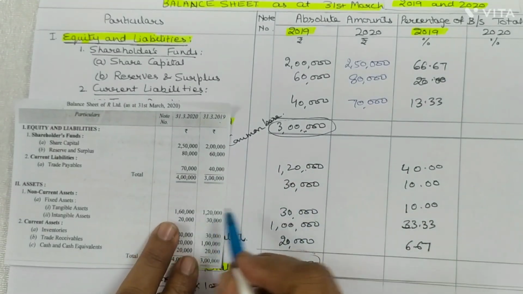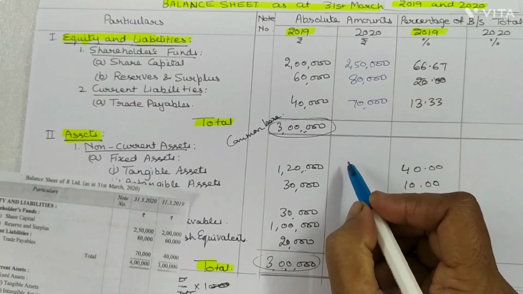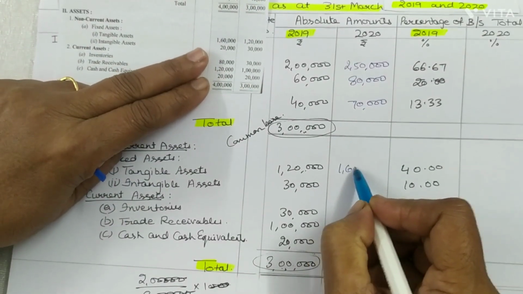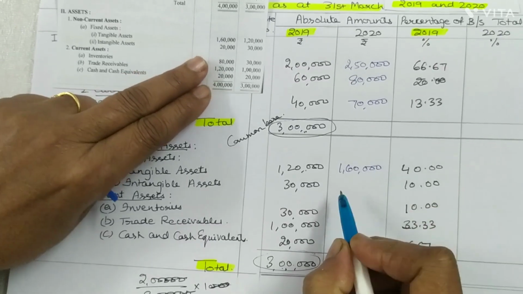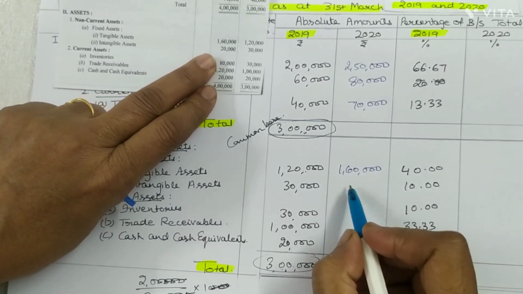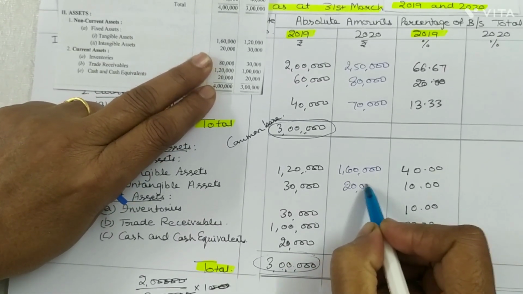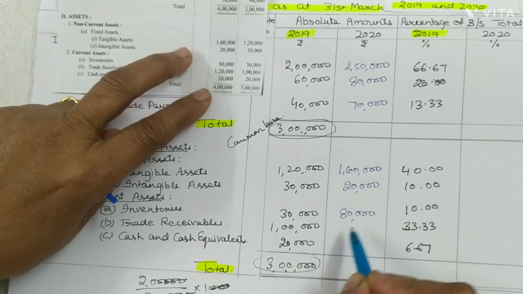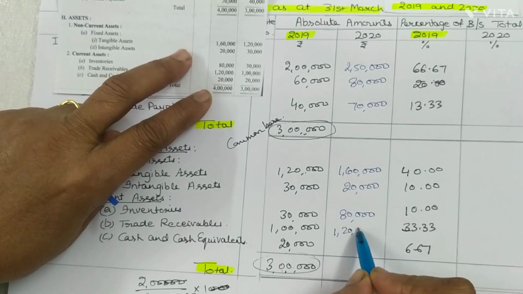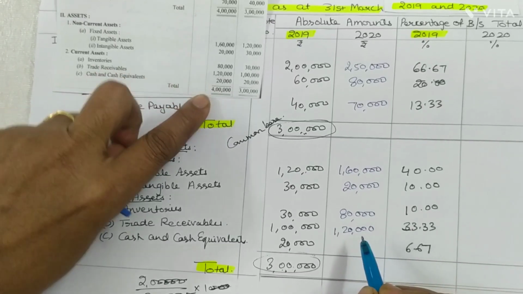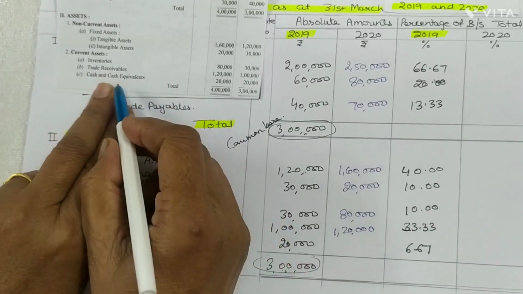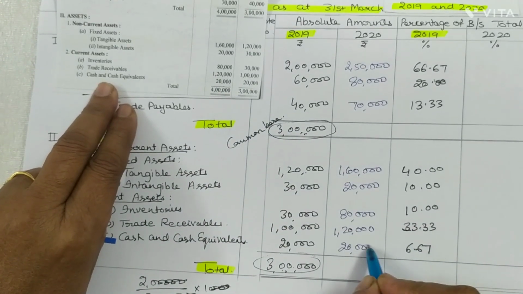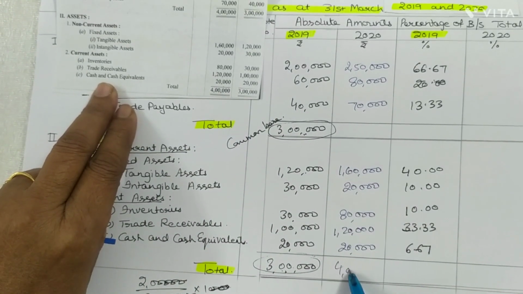Next is tangible assets 1,60,000. Then 20,000 is intangible assets. 80,000 inventories, 1,20,000 trade receivables, and cash equivalent is again 20,000. Total is 4 lakh.